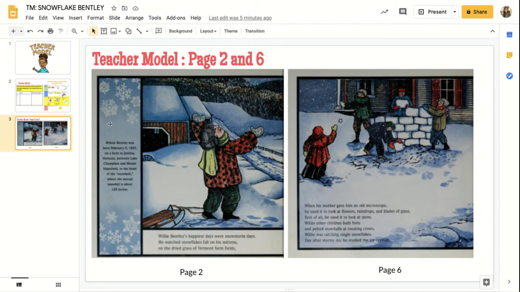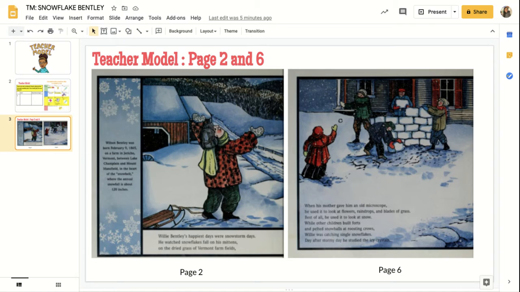I'm going to start by reading the sidebar, and then I'm going to jump into the text. Wilson Bentley was born February 9th, 1865 on a farm in Jericho, Vermont, between Lake Champlain and Mount Mansfield, in the heart of the snow belt where the annual snowfall is about 120 inches. Willie Bentley's happiest days were snowstorm days.